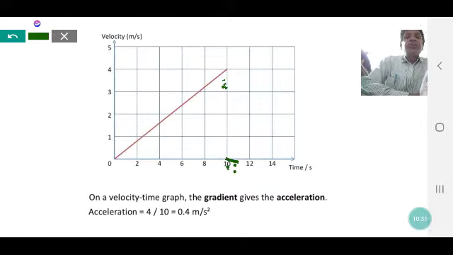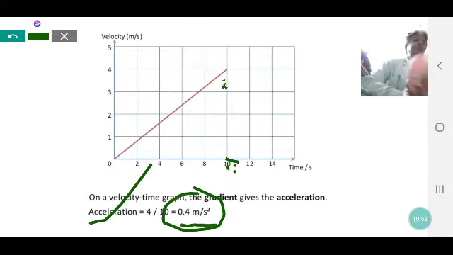Here 0 to 4, we get 4 meter per second, and here 10 seconds. The ultimate value that we calculated here is 0.4 meter per second squared, that is the slope of the graph, and that gives the value of acceleration.